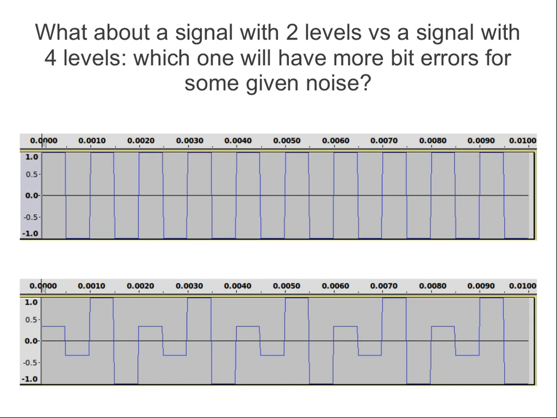We divide the space into 8 different bands. With 2 levels, we have 1 and 1. With 3 levels, we see we've divided it into 4 different bands. If the received signal is in one of the other areas, we get an error.